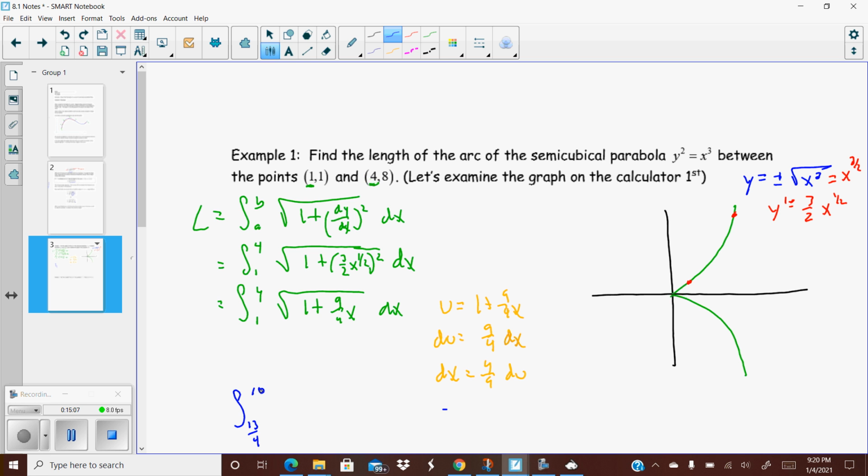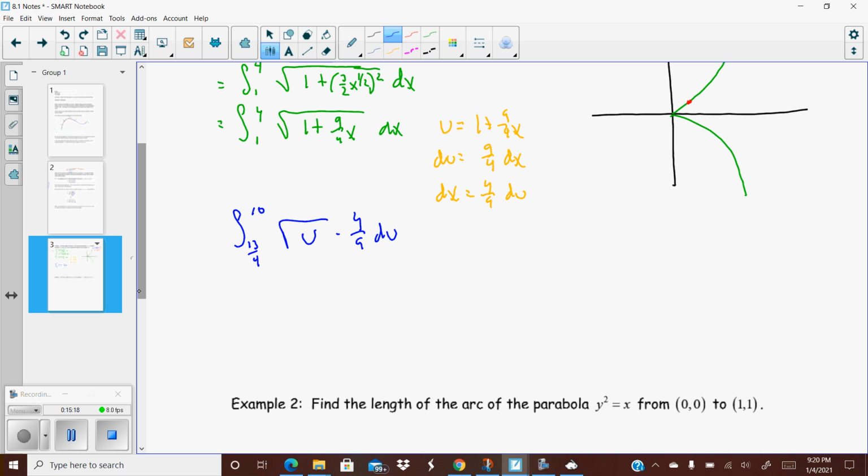And then we're going to have the square root of u times 4/9 du. Okay, I can take the 4/9 out to the front. It's a constant. Integral from 13/4 to 10 of u to the 1/2 power du.